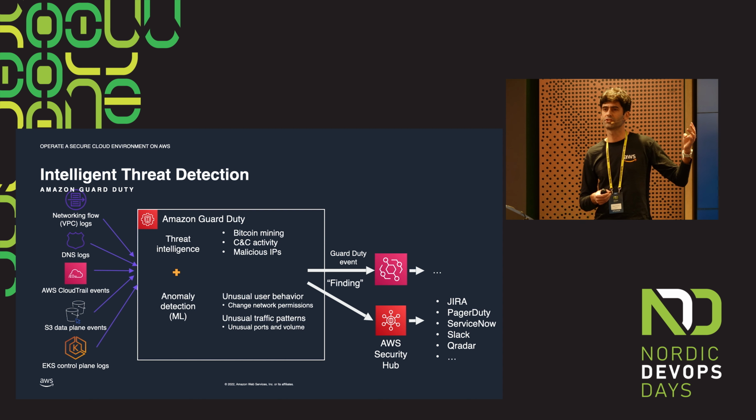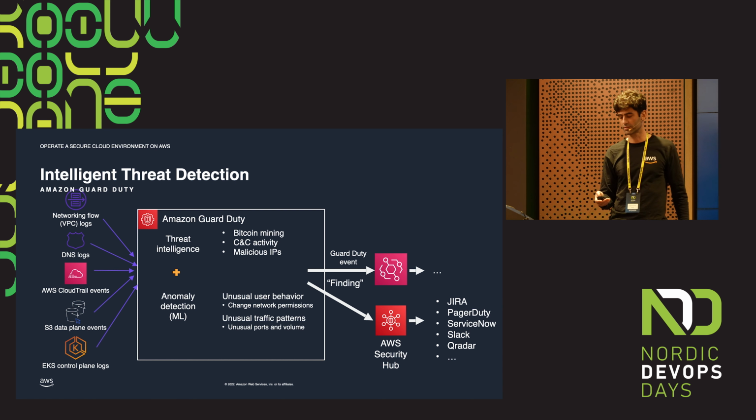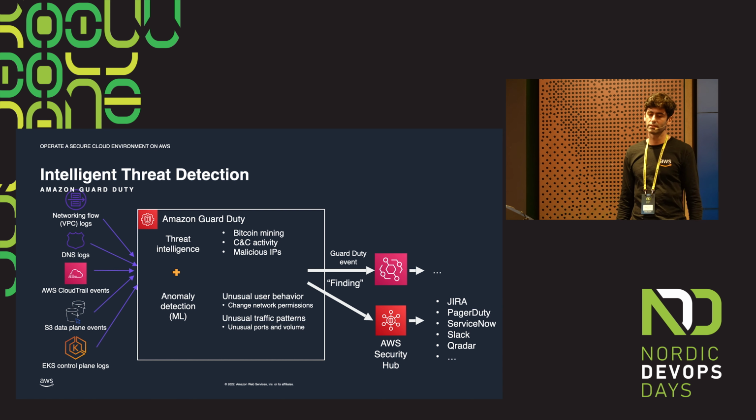Every finding generated by any of these services is sent to Security Hub, which has native integrations with things like Slack for messaging, Jira for opening a ticket, and PagerDuty for managing escalations. So that's yet another great service to have an overview of all your accounts in one place, and all the different types of security events.